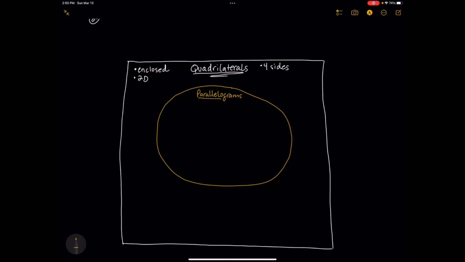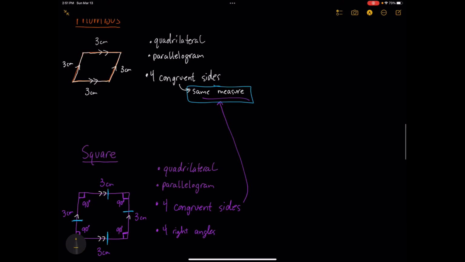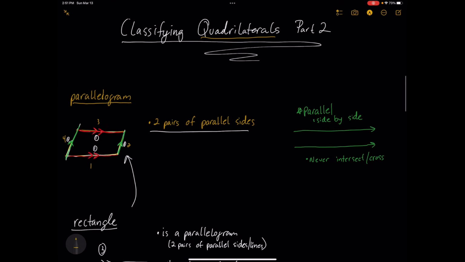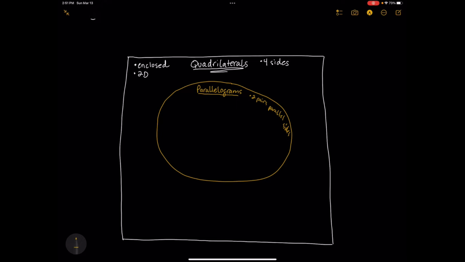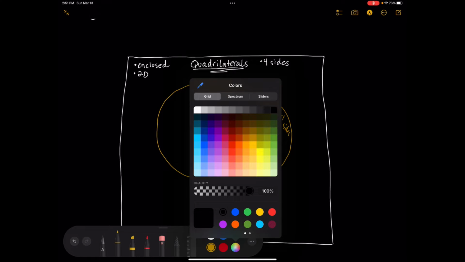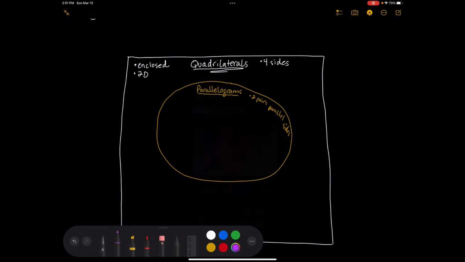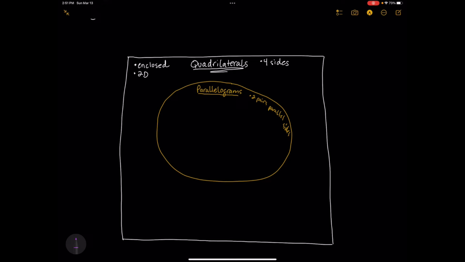And these parallelograms, remember, they have parallel sides, right? They have two pairs of parallel sides. That's what makes a parallelogram. We can go all the way back up here and look at our parallelogram. It's got two pairs of parallel sides, okay? So we have this group of parallelograms within our quadrilaterals, okay?